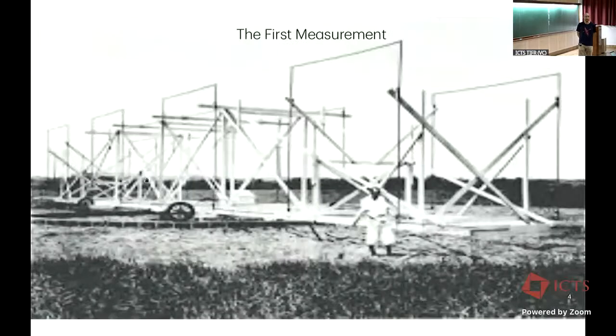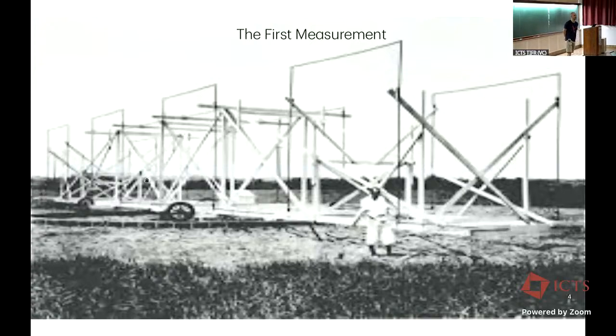Now, the very first measurement of a signal in the radio from space was actually done by Karl Jansky. You may have heard the unit Jansky. This is dedicated to Karl Jansky, the father of radio astronomy, as he's sometimes called. In 1931-32, they had built this directional antenna meant to detect static, as they called it.